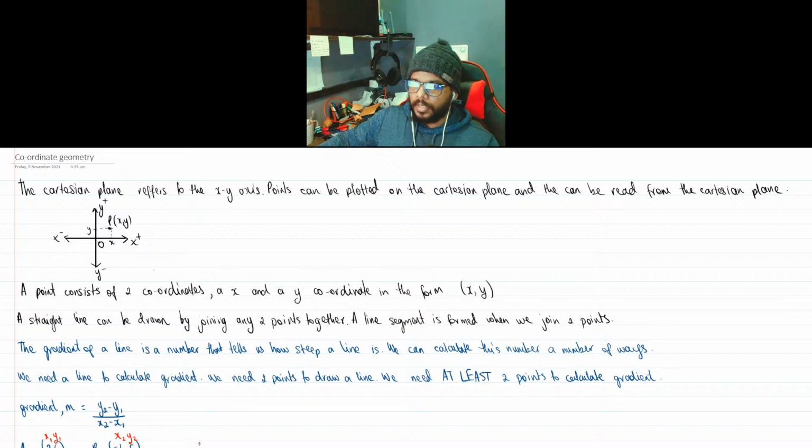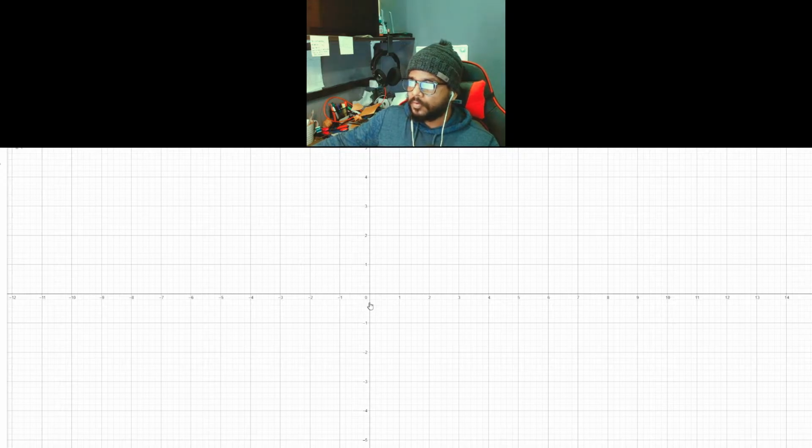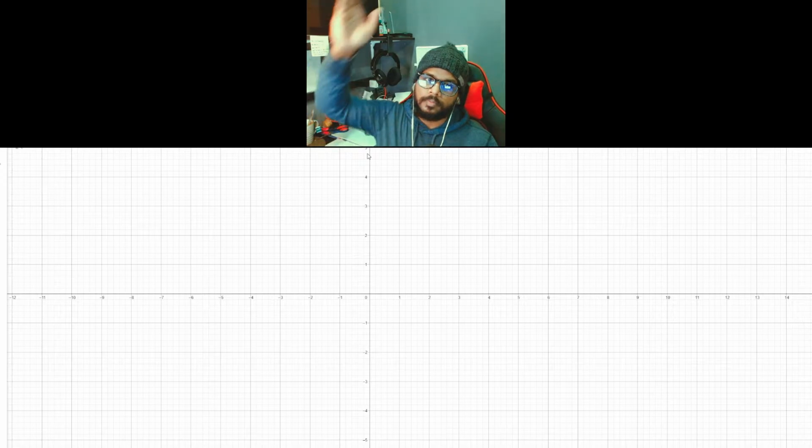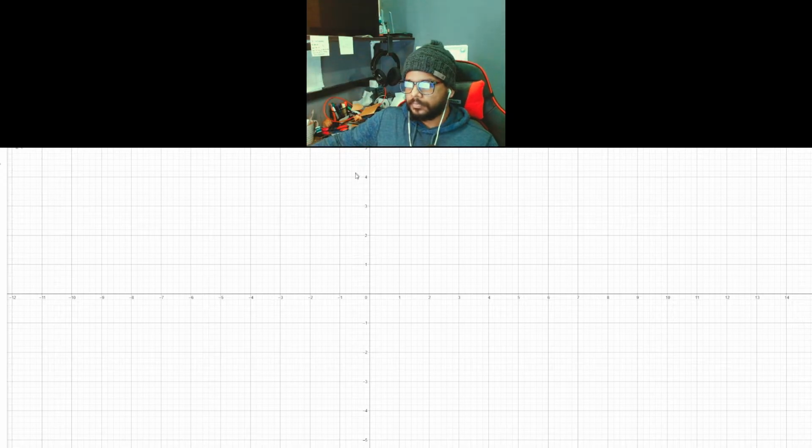Numbers on the x-axis go from 0 and go positive: 1, 2, 3, 4, 5, 6, 7, all the way up to infinity. The same thing for the positive y-axis. It goes 1, 2, 3, 4, 5, all the way up to positive infinity. The negative x-axis goes from -1, -2, -3, -4, -5, all the way down to negative infinity.